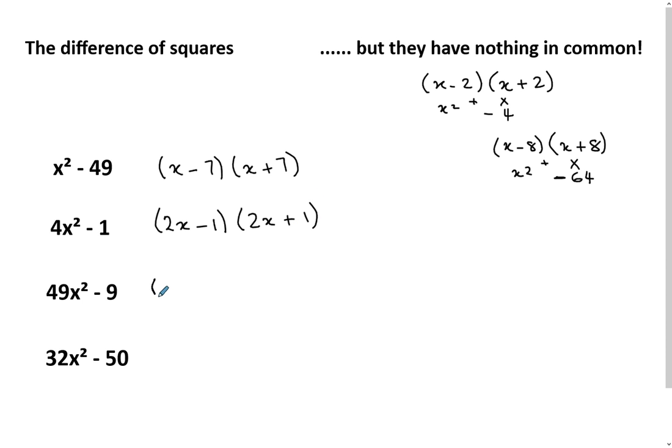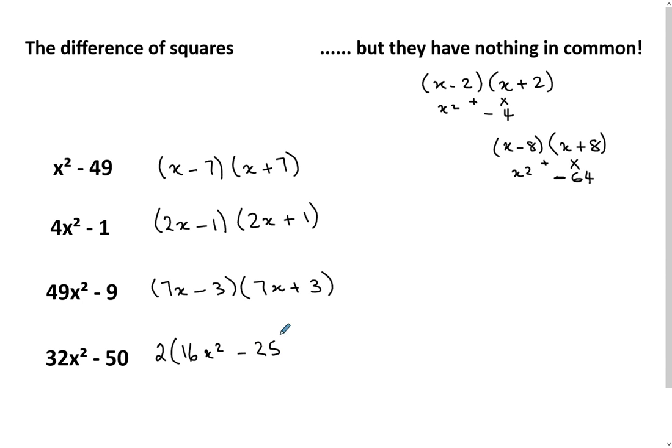Over here, the square root of 49 is 7, 7x minus the square root of 9 is 3, so then the other bracket will be 7x plus 3. And here they might try and hide it, so when you try to factorize, you say, oh, they have 2 in common, and then open your brackets and you've got 16x squared minus 25.